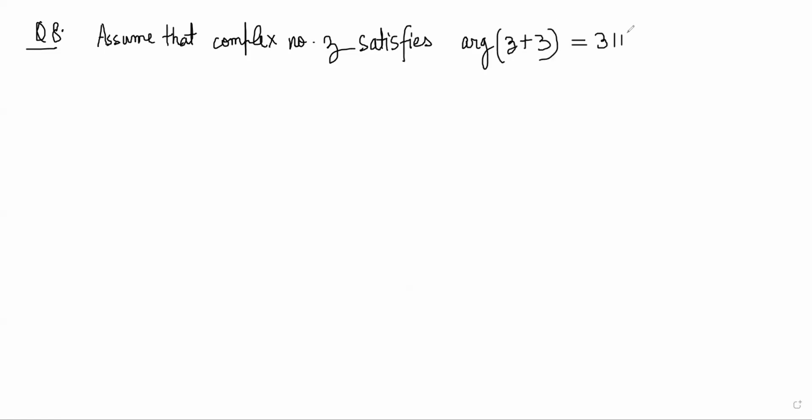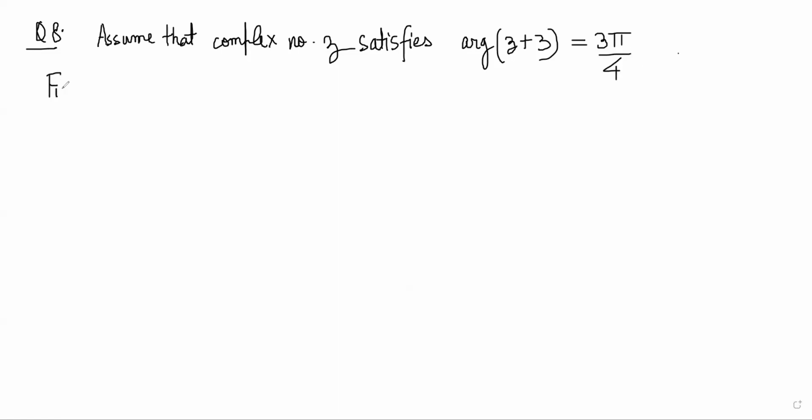Assume that complex number z satisfies argument of z plus 3 is equal to 3 pi by 4.